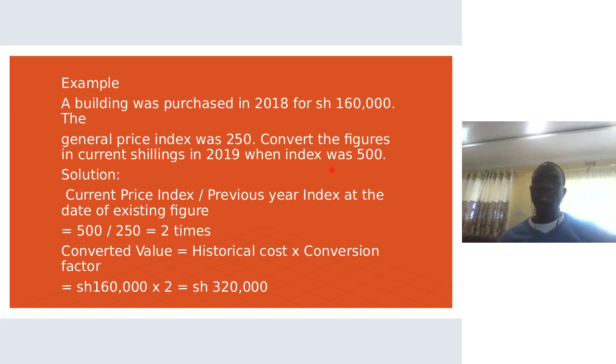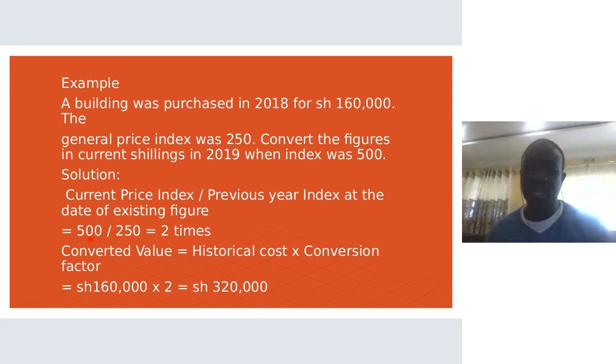We divide the current price index, 500, by the previous price index, 250, so our conversion factor will be 2 times.